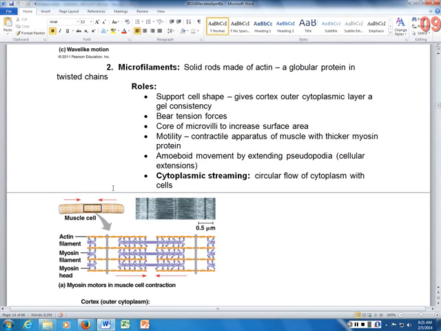It will be involved with motility, so it allows amoeboid-like movements. So it can kind of scoot and wrap around and engulf things. It also is involved with cytoplasmic streaming, so it's a circular flow of the cytoplasm inside the cells. It basically keeps the cytoplasm moving inside the cell.